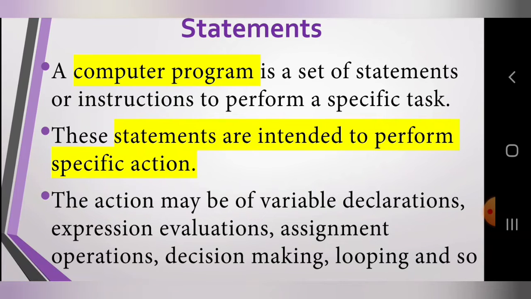Assignment operation, for example a = 5. Decision making uses the if condition, like if a > b. Looping uses for, while, do while statements. All are different kinds of statements used in C++.